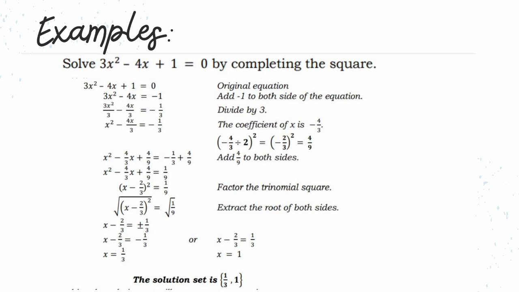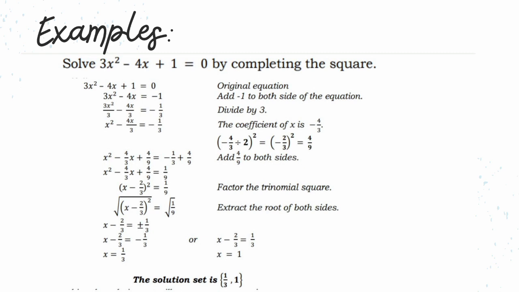Transpose natin ang negative 2/3 sa pikas. So, if i-plus na dayon, i-combine na ang 1/3 ug 2/3, ang magiging answer niya is x equals 1. So, mao na ang x sub 1 guys, ang positive 1.